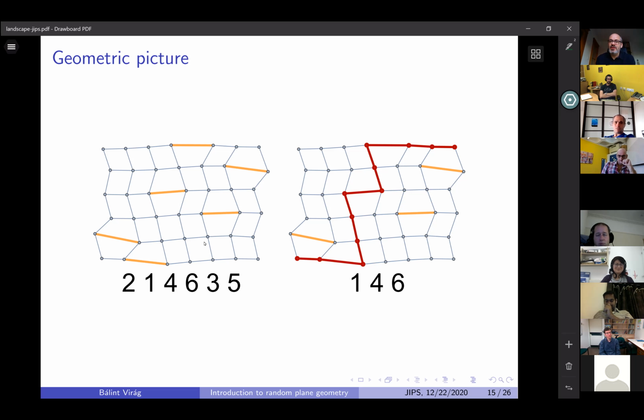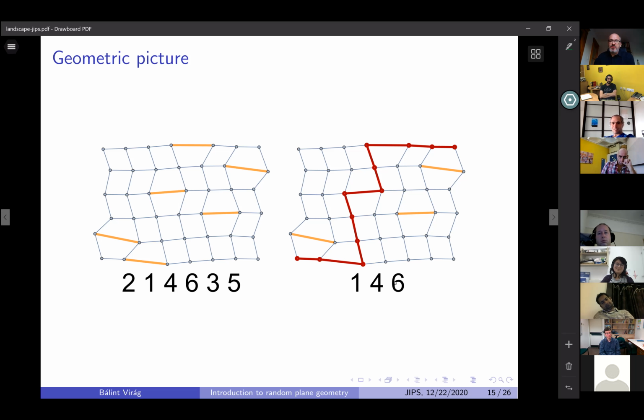And now what I'm looking for is the longest path from the bottom left corner to the top right corner. That corresponds to the longest increasing subsequence in the permutation. So it's very simple. If you don't believe me, think about it a little bit.